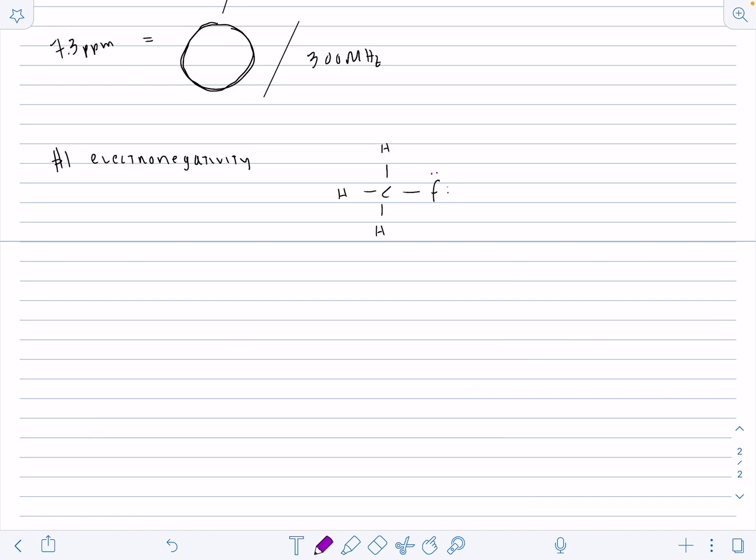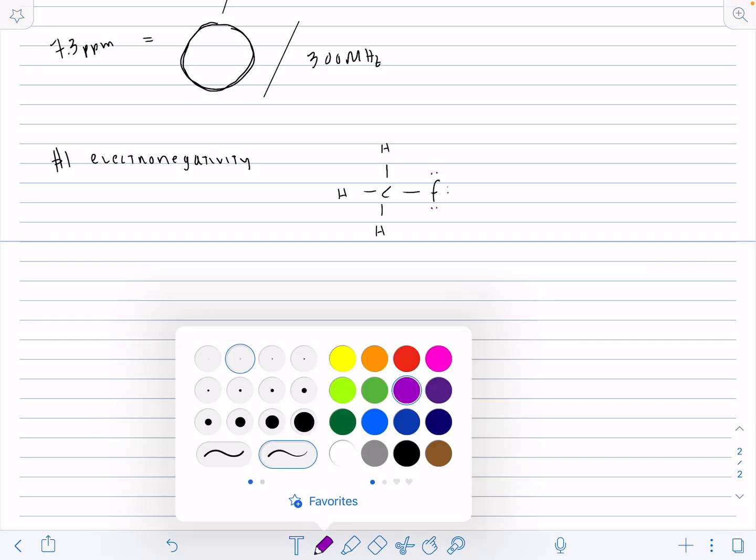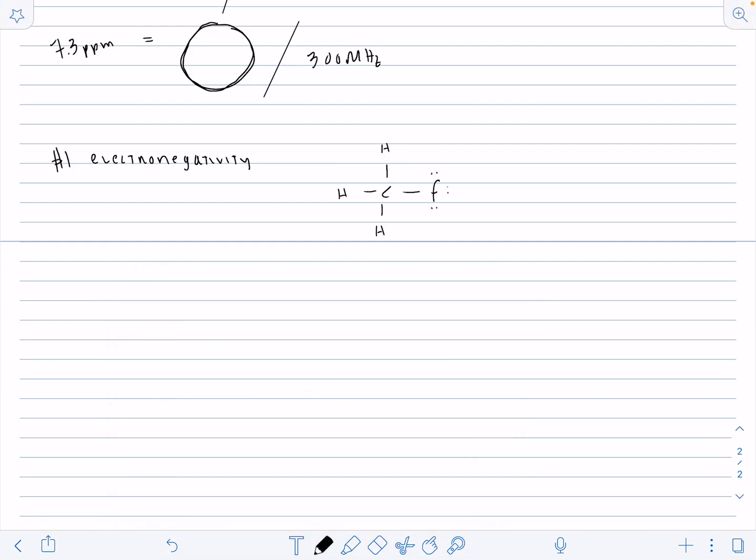So these electrons around fluorine are hungry for other electrons. So they're going to pull these electrons away from the hydrogen, which leaves their protons naked. If you think about it as naked, it'll stick in your brain, I promise.